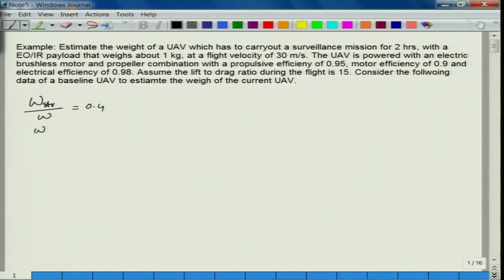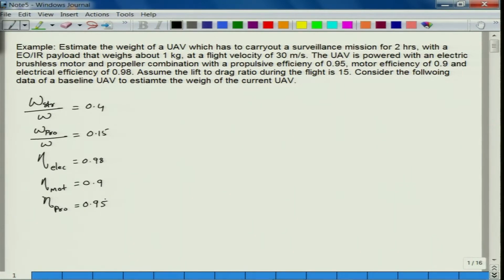The weight of the propulsion unit or brushless motor upon the total weight of the UAV was given as 0.15. The electrical efficiency is 0.98, the motor efficiency 0.9, and the propeller or propulsive efficiency is 0.95.